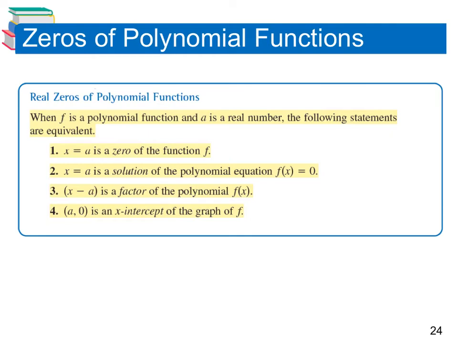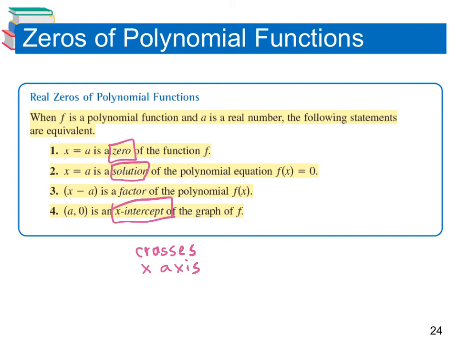All right, next we're looking for real zeros of our polynomial functions. So back in chapter 1, we found the zeros of a function. We're doing the same thing here. Finding the zero, finding the solution, finding the x-intercept, they all mean the same thing. All of these mean where the graph crosses the x-axis.